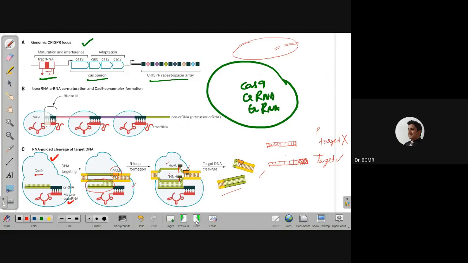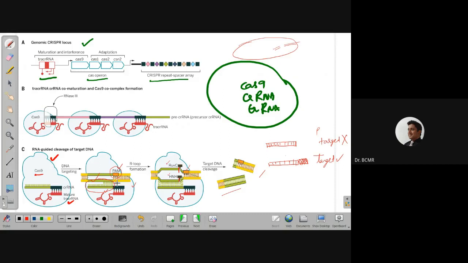So I hope you understood what happens to the target. The target requires complementarity to the CRISPR RNA, first point, and there should be a PAM sequence immediately adjacent to the target sequence.